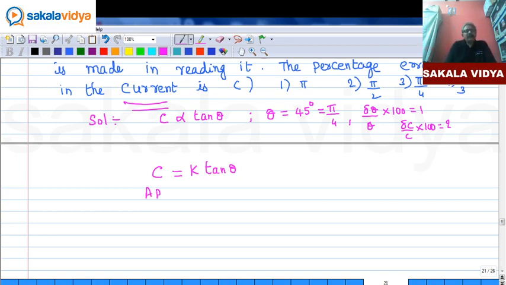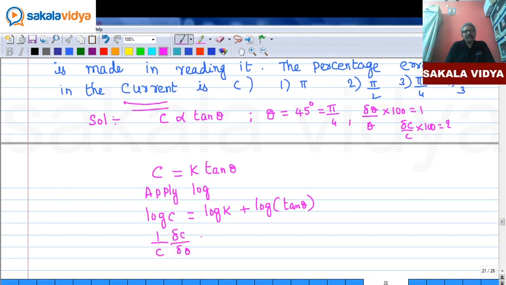Now we need to find out delta C by C. Apply log on both sides. So we get log C equals log K plus log tan theta. Now if you differentiate with respect to theta, log C differentiation is 1 by C, that is delta C by delta theta.